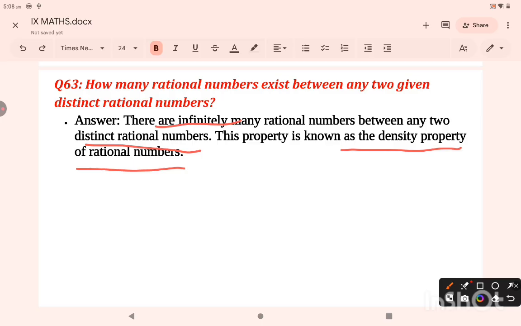We have here the number of rational numbers in between any two rational numbers are infinitely many, uncountable. Suppose for example 2 and 3. They are rational numbers.